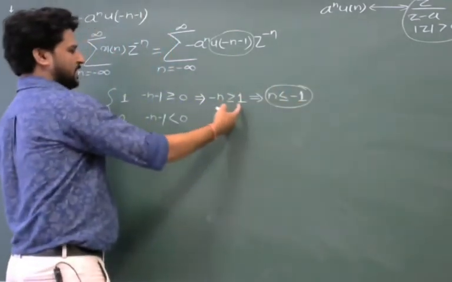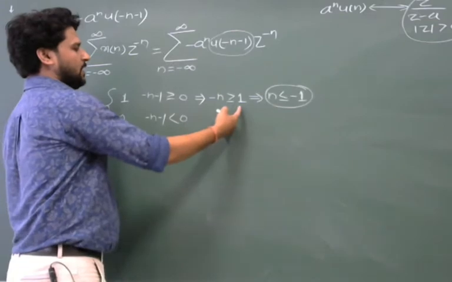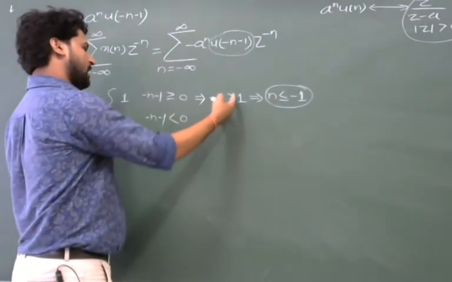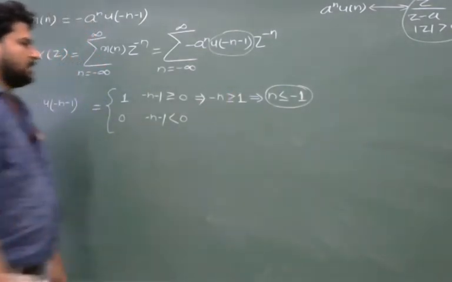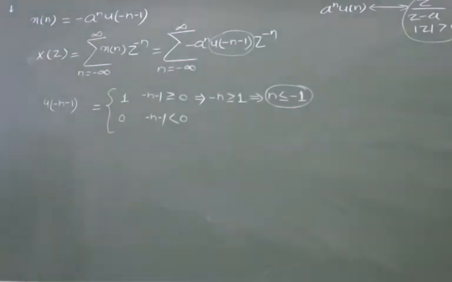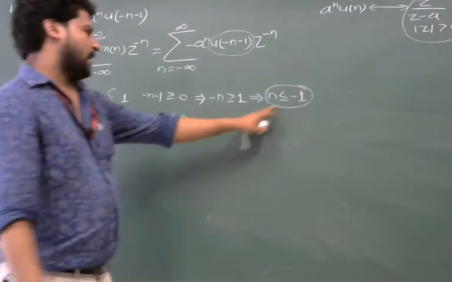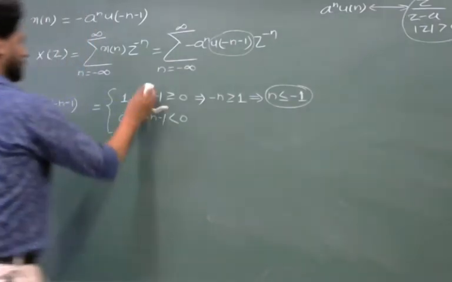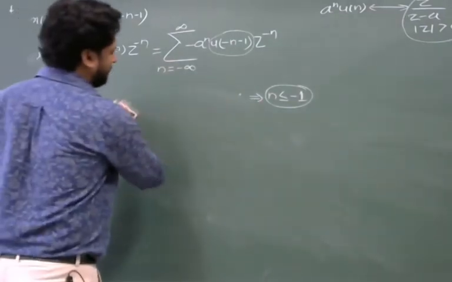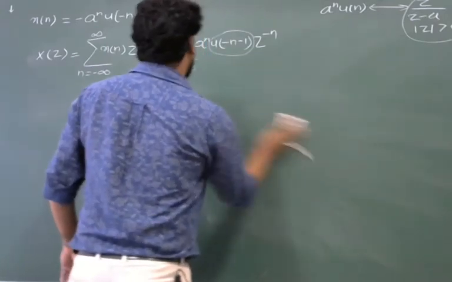We multiply with a negative sign in this inequality, and if I am multiplying with a negative sign, the direction of the inequality will be reversed, and this will become n should be less than or equal to minus 1. In this case, u of minus n minus 1 will exist from minus infinity to minus 1, and this will be 0 for n greater than minus 1. It means that in this case the limit will be from minus infinity to minus 1.